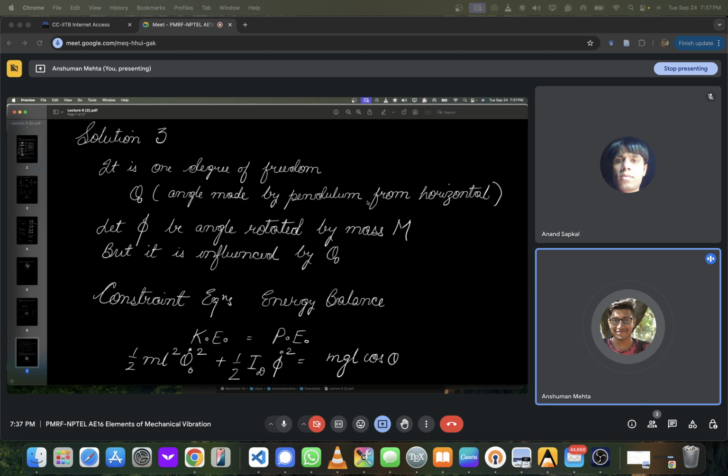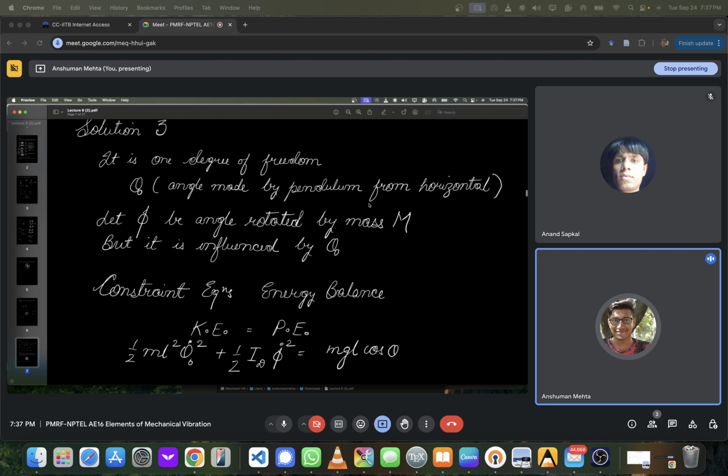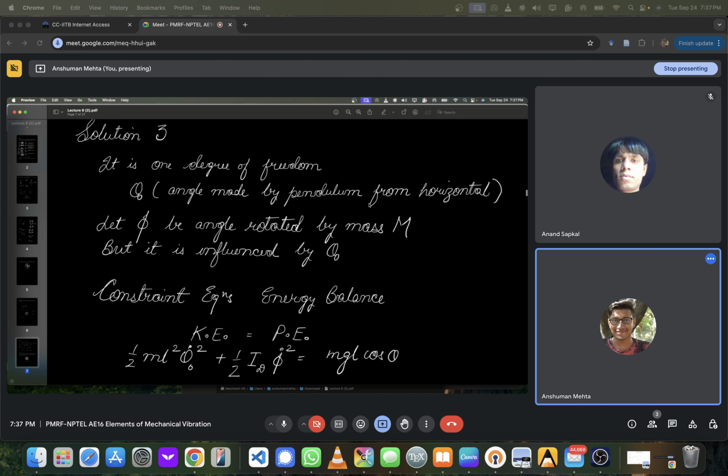Now how to find that constraint equation? It can be found either by mass balance, where we balance the moment of inertia, like how much rotation is caused, or we can go by energy balance. So in energy balance, what will happen? Kinetic energy is equal to potential energy.